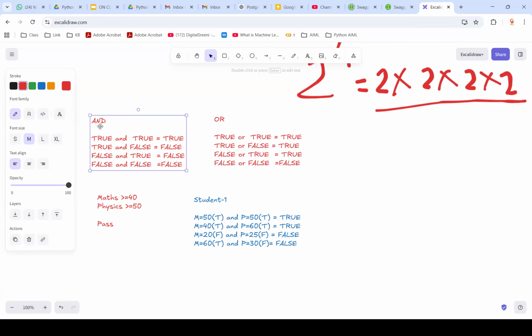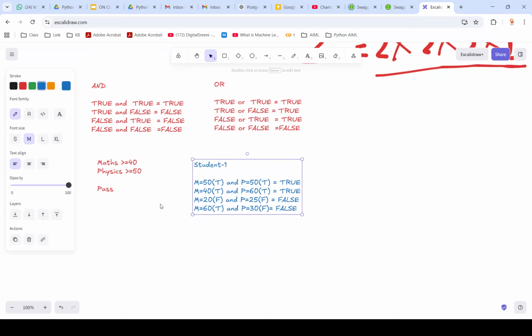In and, only if both are true will the final answer be true, otherwise false. In the case of or, only if both are false will it be false, otherwise in all the cases the answer will be true. Okay, so this is the technique to remember and and or.